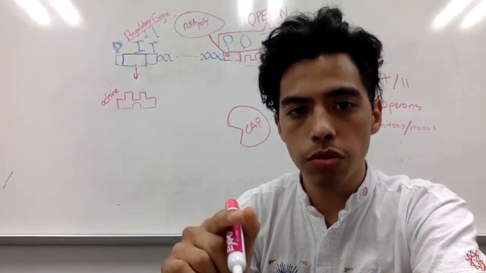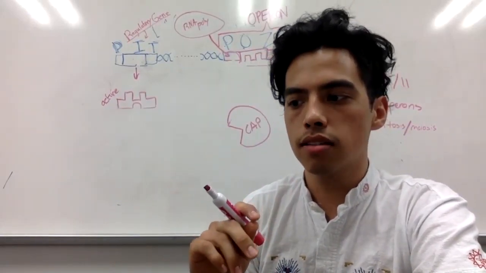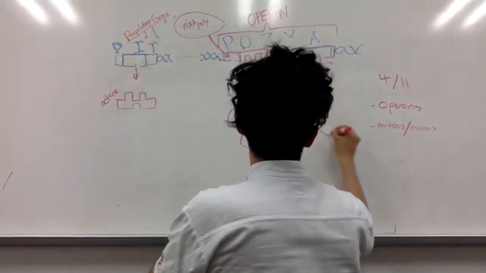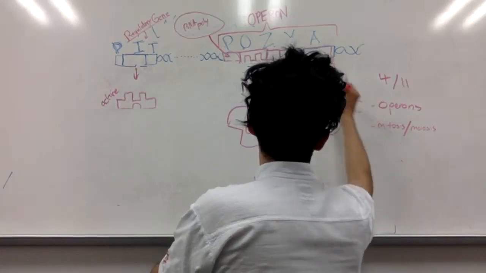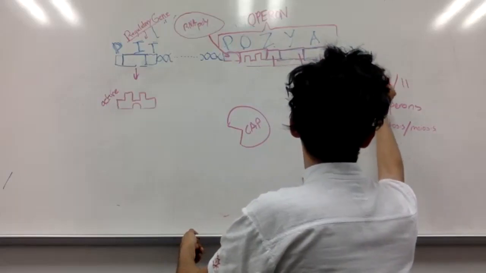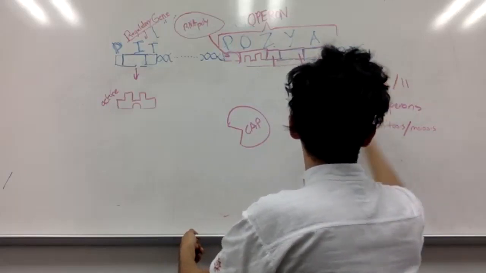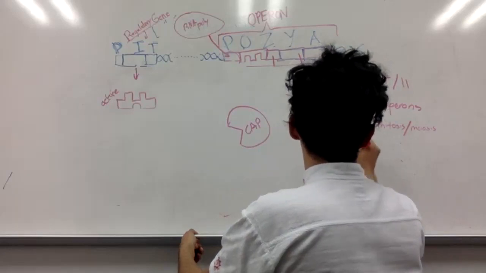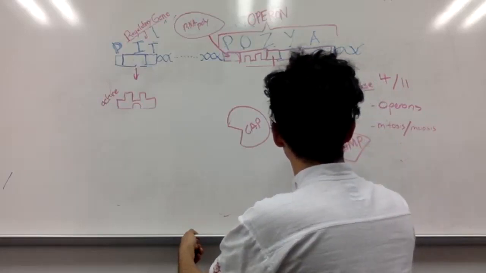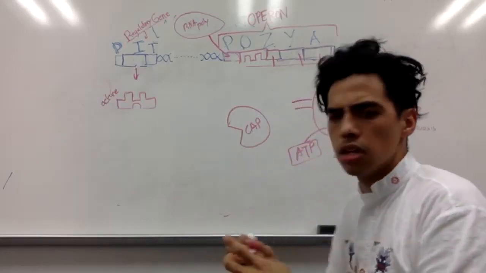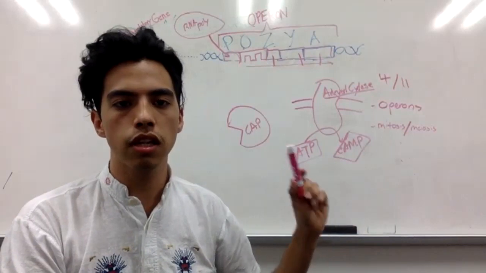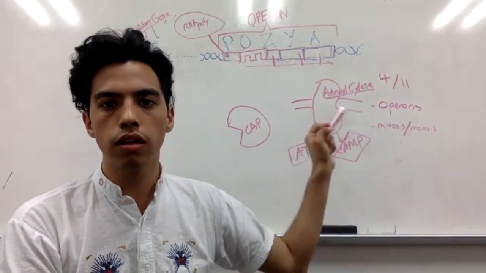Specifically, when glucose is present, it acts as... I'll draw the picture. It's like a little lima bean. If you remember from cell signaling, we have this enzyme called adenyl cyclase.